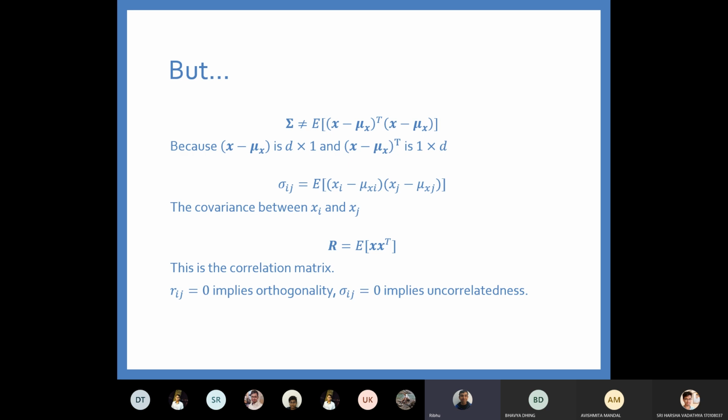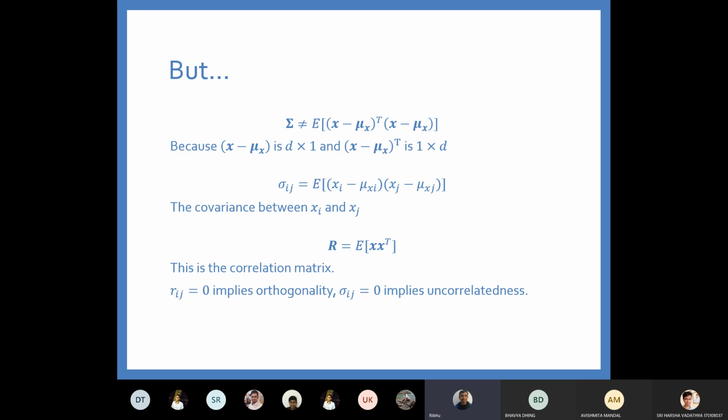So it is how much xi and xj vary together, and there's a term defined as correlation, which is given by capital R, defined as the expected value of x x transpose. So the correlation and covariance are different in a way that the correlation is simply this, and the covariance is the central moment of correlation.